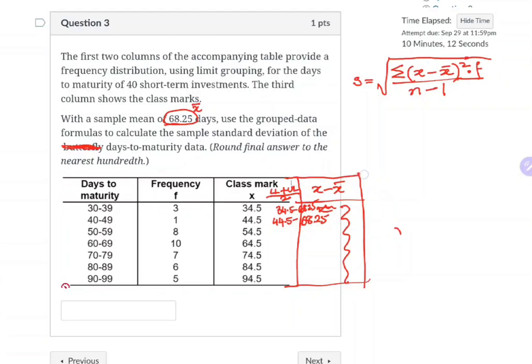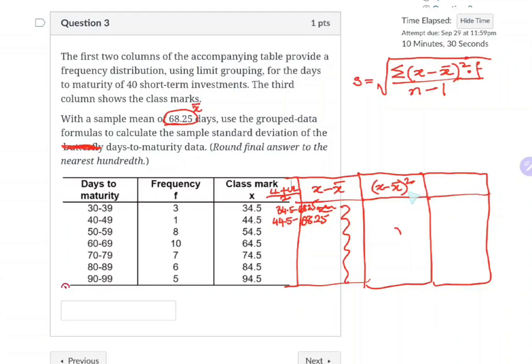Now in the next column you have to square them up. Whatever values you found in this column, you have to square them, so x minus x bar squared. Then there's going to be another column where you multiply each of these squared values by f, the respective frequency values.